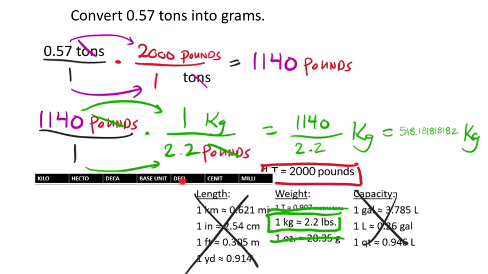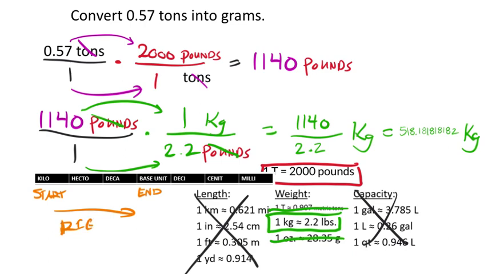Okay, now I'm going to use this chart because we're going from kilograms. Up here it says to grams. So kilo is going to start us here, and we're going to end at grams, which is the base unit. So this is going to move the decimal to the right.